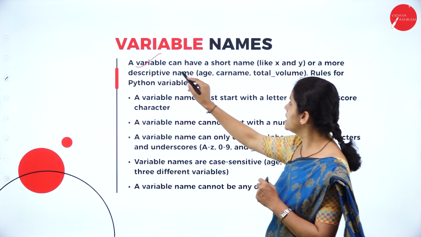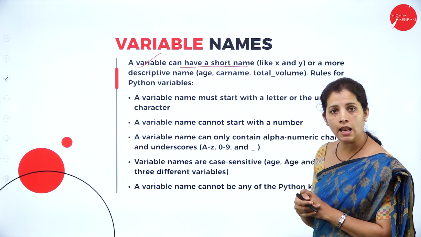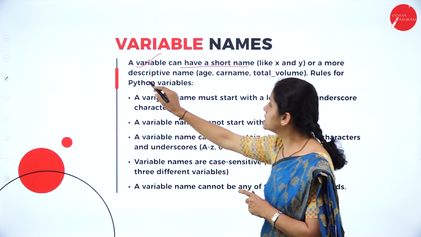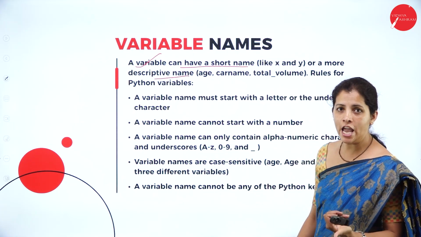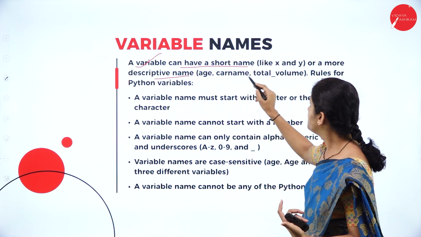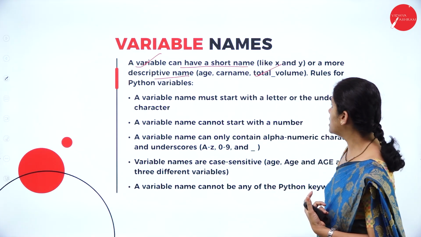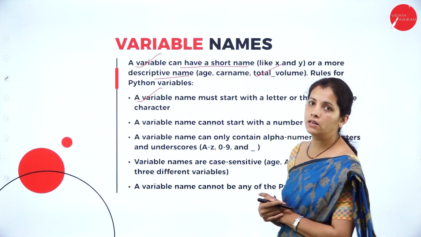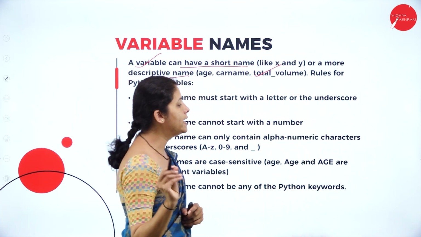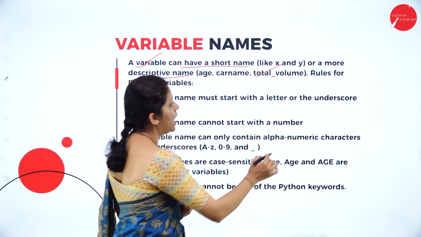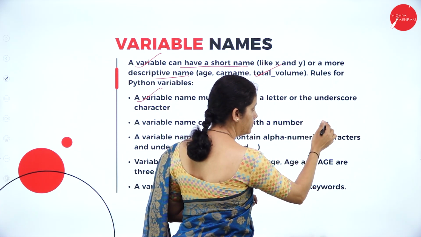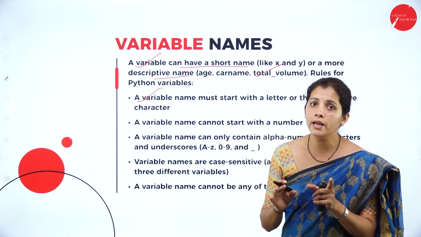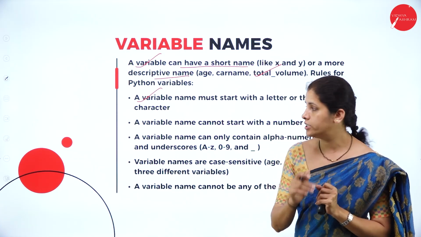A variable name can be a short name like X and Y, or a more descriptive name, for example, age, name, total volume, etc. A variable name must start with a letter. So dear student, while defining a variable, I start with a letter, or I can start with an underscore, but I cannot start with a digit.